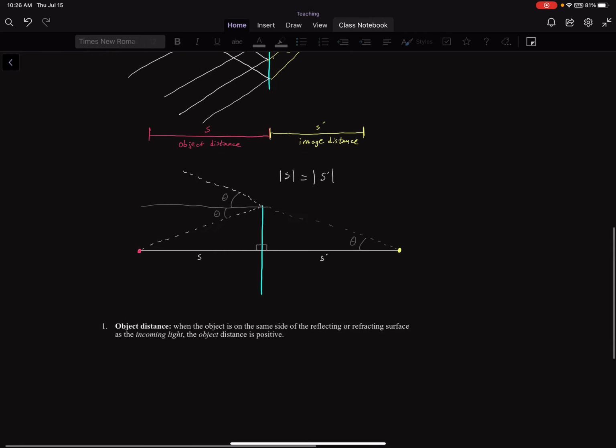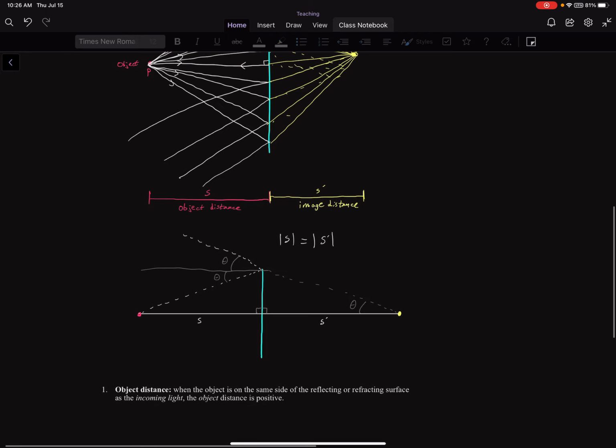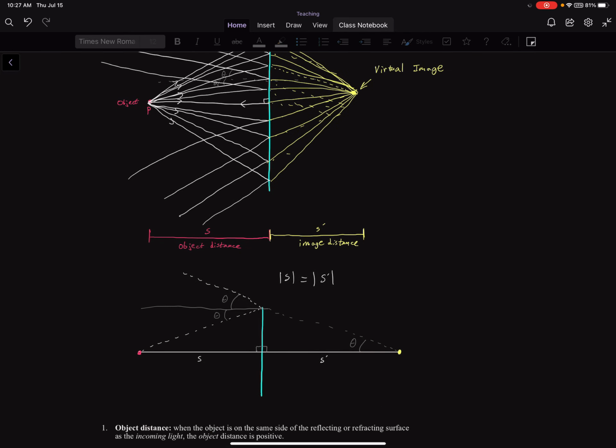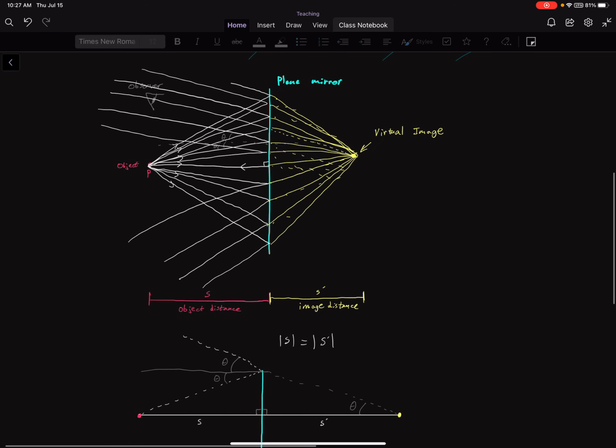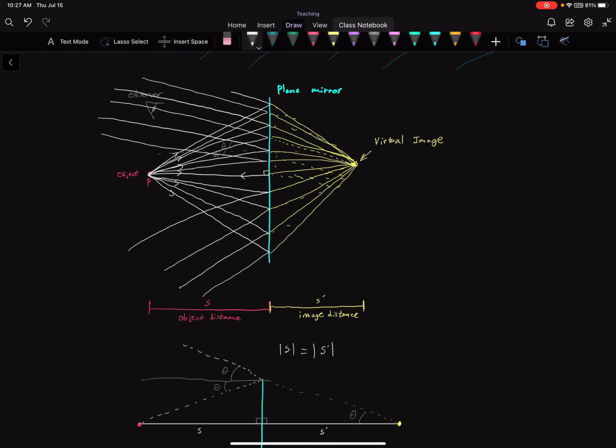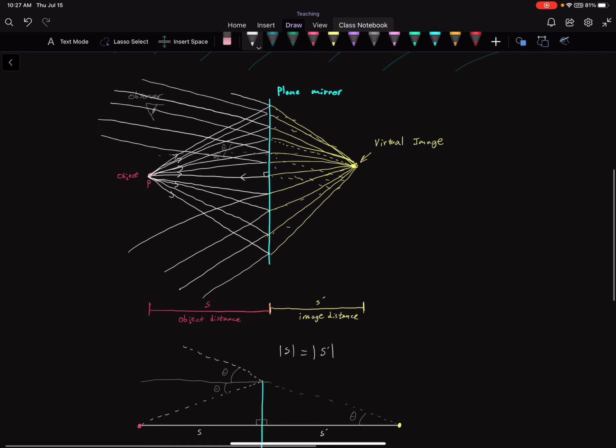All right, so let's go back to this little drawing here. So when the object is on the same side of the reflecting or refracting surface as the incoming light, the object distance is positive. So that just means that the incoming light is whatever is coming in towards the reflecting or refracting surface.